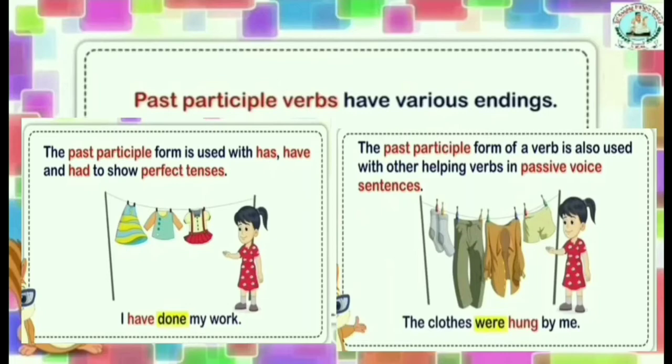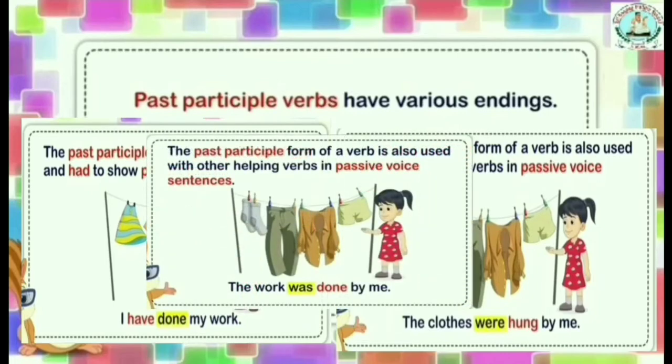And other helping verbs we have to use when it is related to the subject. Another example, look here. The work was done by me. Why is the helping verb changed here? Because it depends on the subject. If the subject is plural, we have to use the plural form of the helping verb.